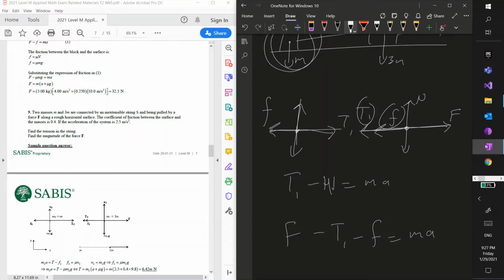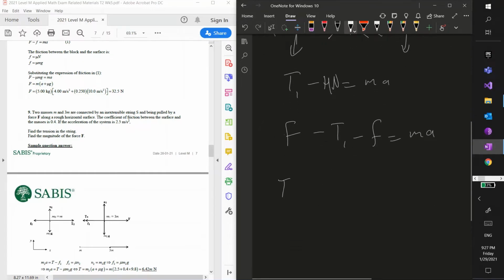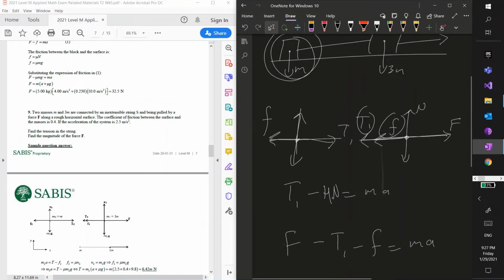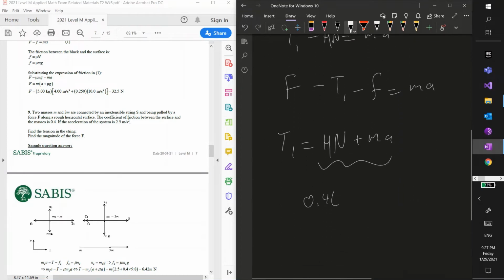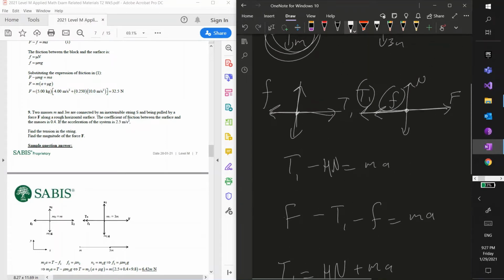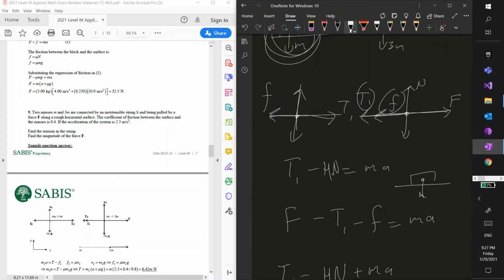What's the friction? Friction is mu n, right? So T1 is equivalent to mu n plus ma. What's mu? Mu is 0.4. What's n? The normal on the first object is just going to be equivalent to its weight because they're on a horizontal surface. So the weight is equivalent to the normal. They cancel out. So what's your weight?